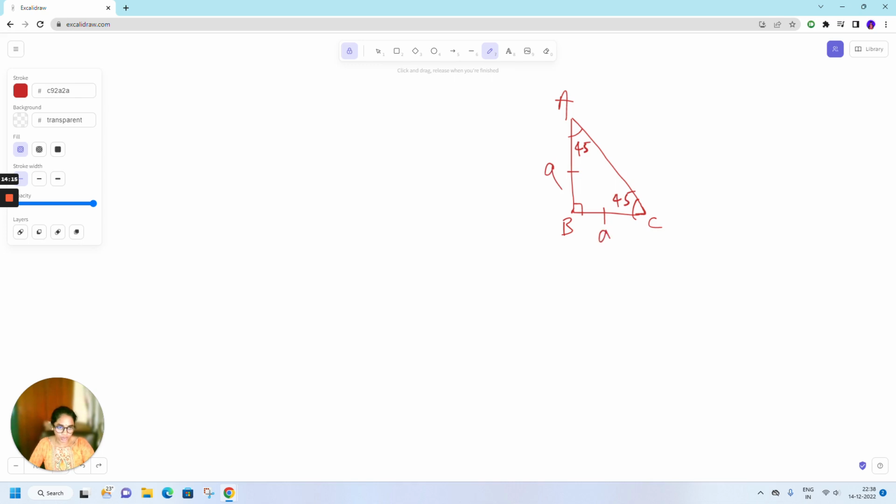Let me take these two sides as A and A. If these two sides are A and A, what would AC be? AC square is equal to A square plus A square.